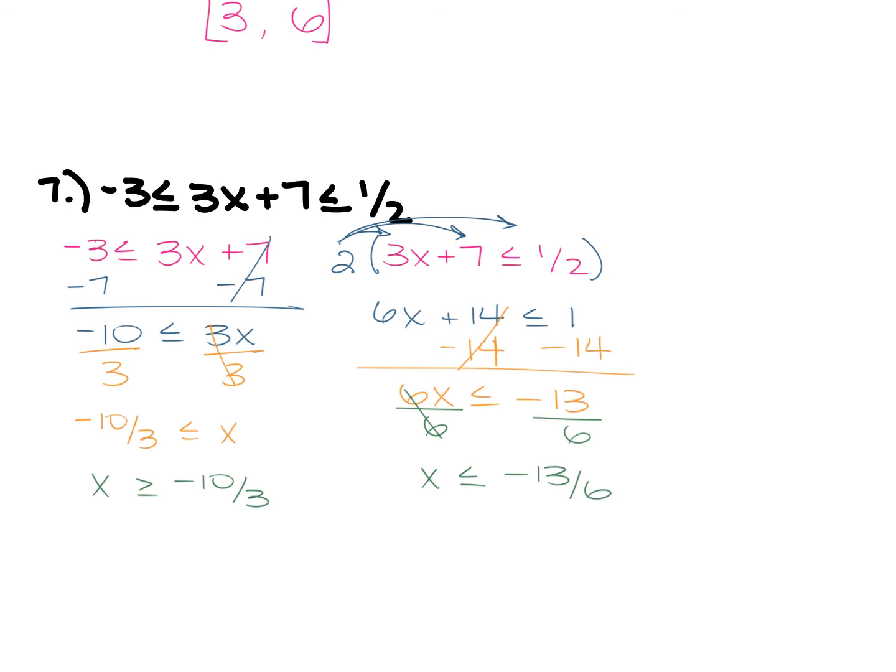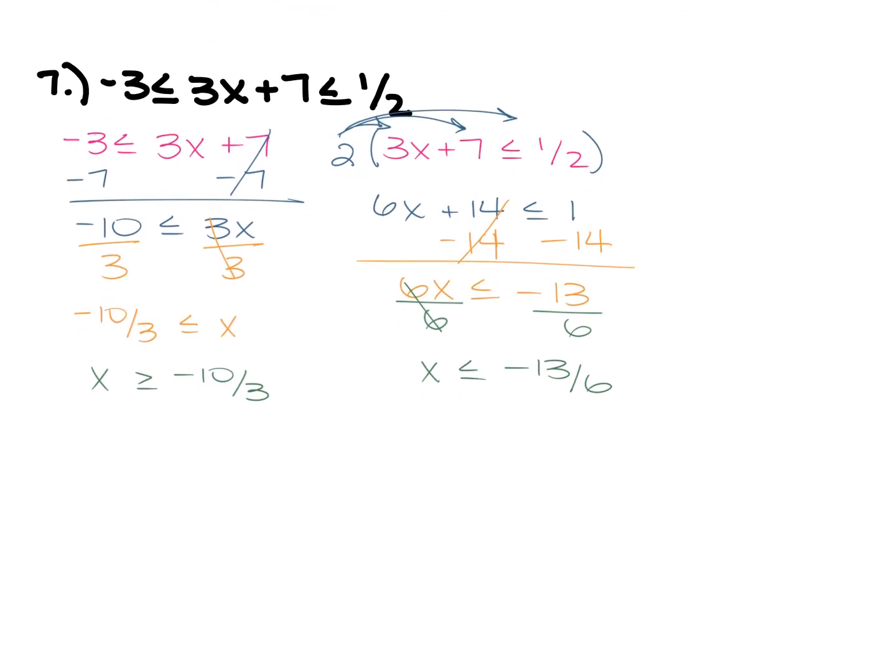Now, if you look at these two fractions, try to find out what your common denominator is and write the equivalent fractions of what you have, so that way you know which one's greater than or less than. So if we look here, this negative 10/3 is the same thing as negative 20 over 6.